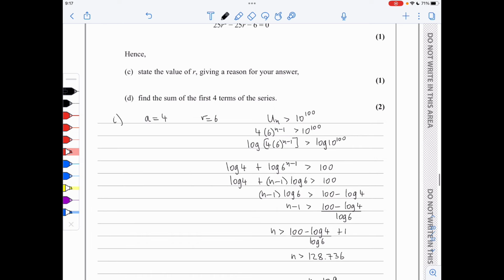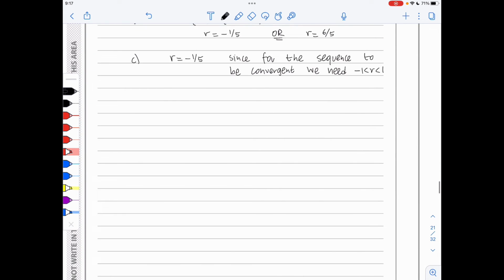And then find the sum of the first 4 terms. So we need to find S of 4. This is a times 1 minus r to the n over 1 minus r. Well, we could try finding a and all of that. However, if we are a bit observant, we see that a over 1 minus r is simply the sum to infinity, which we have been told to be 25.